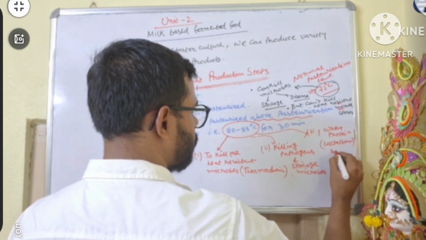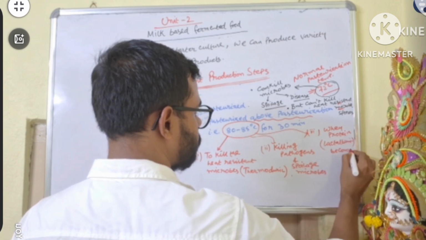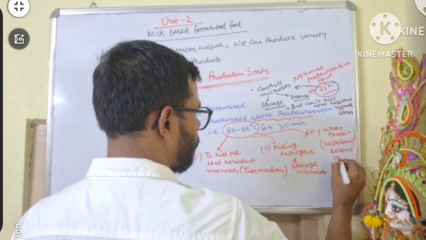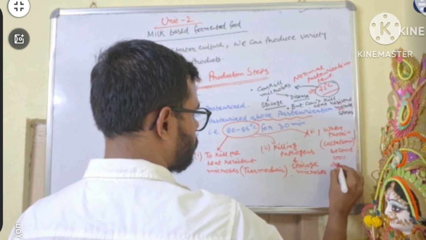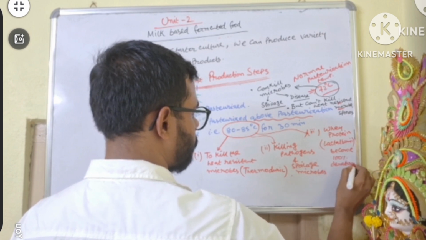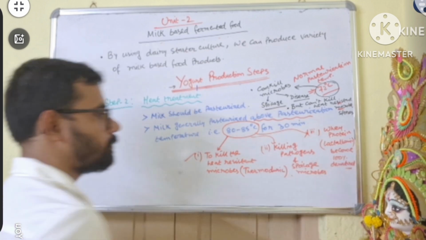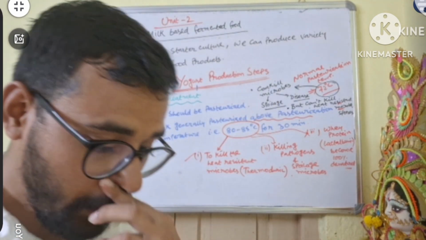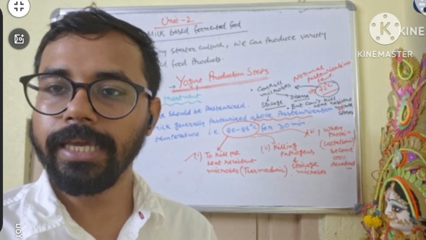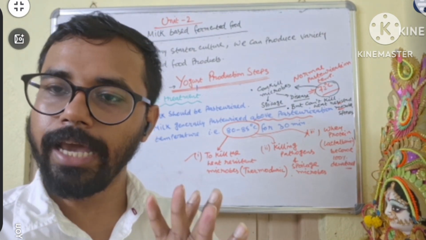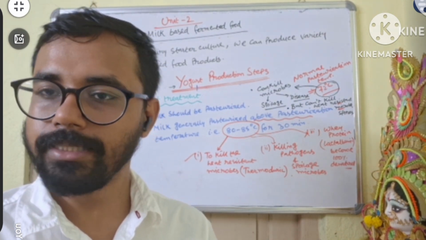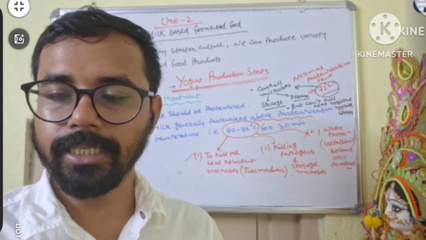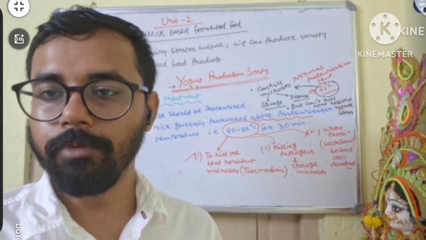This whey protein becomes 100% denatured at that temperature. At 82 to 85 degrees centigrade, there are two proteins in milk. The main protein is casein, and the other protein is albumin, lactalbumin.